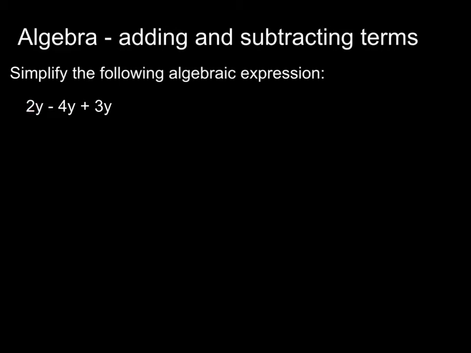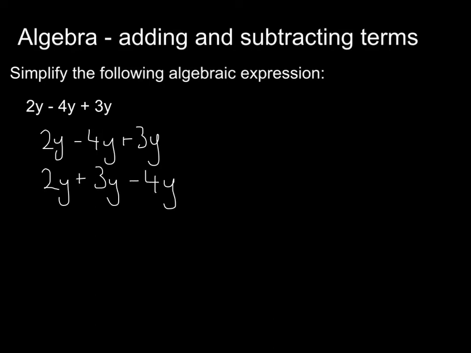I'll just write it again, 2y minus 4y plus 3y. I like to generally put the positive terms together and the negative, so I'll put the 2y straight down here. I'm going to put the plus 3y next, and then I'm going to put the minus 4y. You don't have to do this, but it makes it easier, I think.